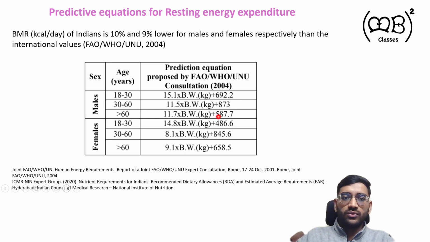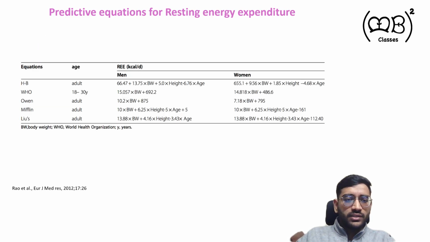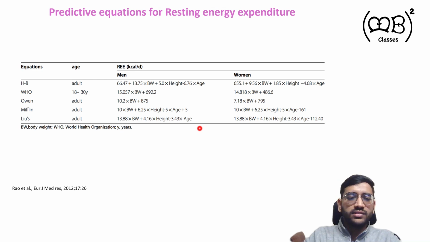This would give you a BMR in kilocalories per day, not kilocalories per meter square per hour. So you can compare the values which we get directly without dividing by body surface area. Also, there are some other international standard equations which you can use, but remember to subtract 10% from the international standard values for the Indian standards.